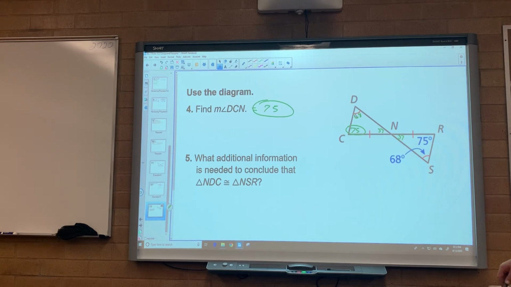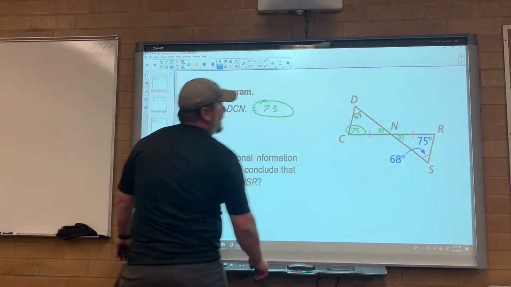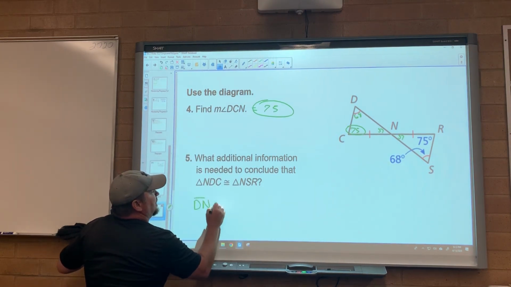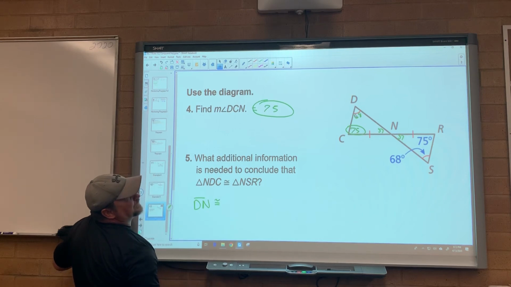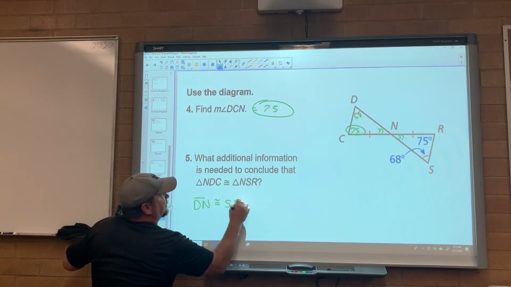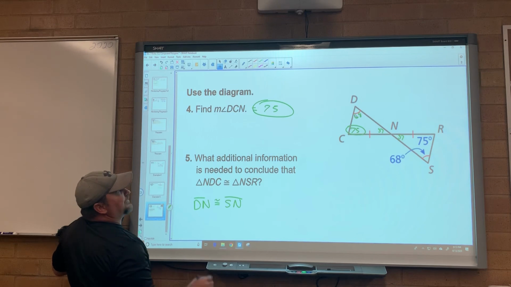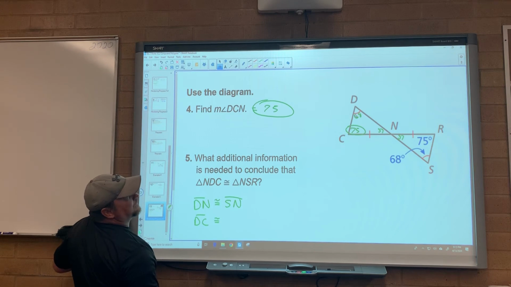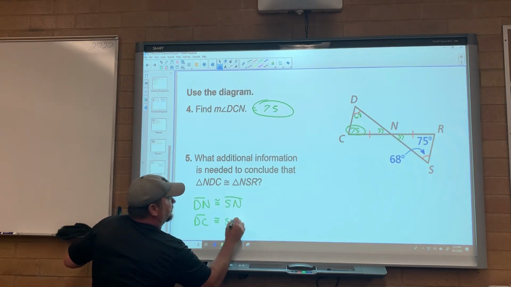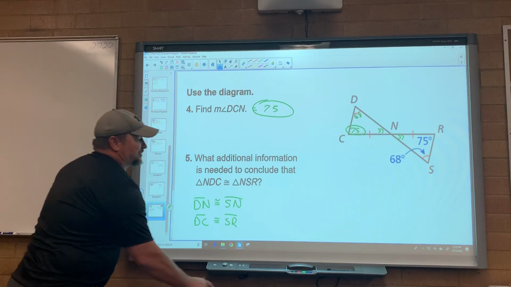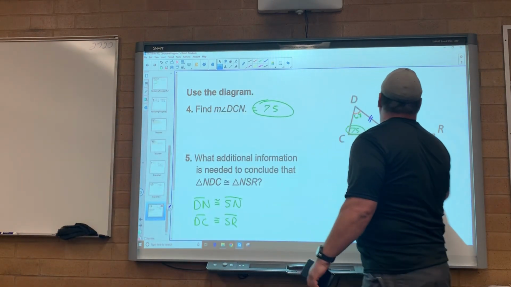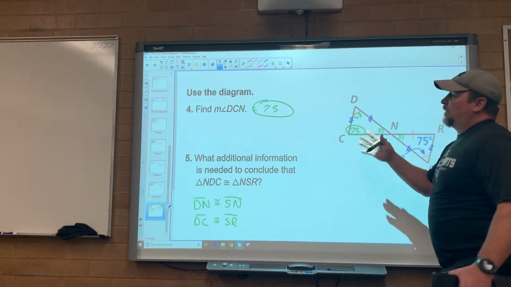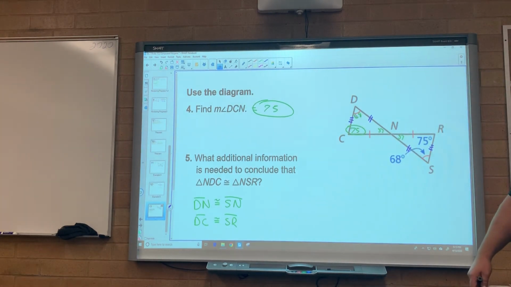So we would have to prove that side DN is congruent to SN, and we would need to prove that DC is congruent to SR. Those other two pieces, and I'll put the markings on them. That's what would have to be the additional information to prove that those are congruent.